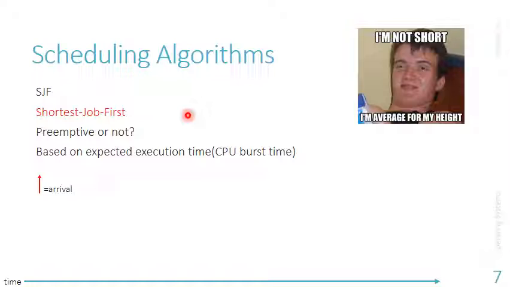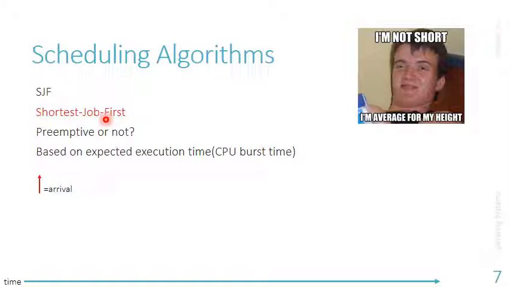Another scheduling algorithm that exists out there is called the shortest job first, SJF, and we're gonna check out if it's preemptive or not, and we're gonna see how it works. So basically, when I asked the face-to-face attendees what that would be, most of them assumed that I'm gonna fetch, between the ready processes, the one that needs the CPU the least.